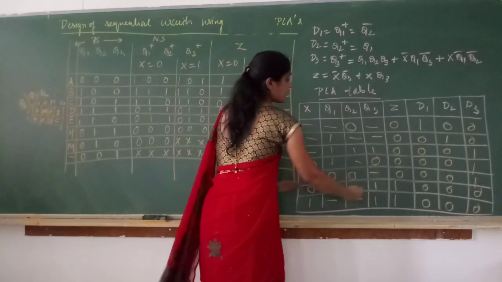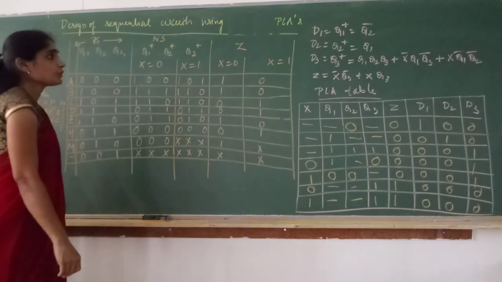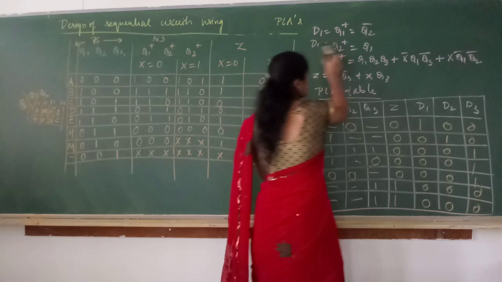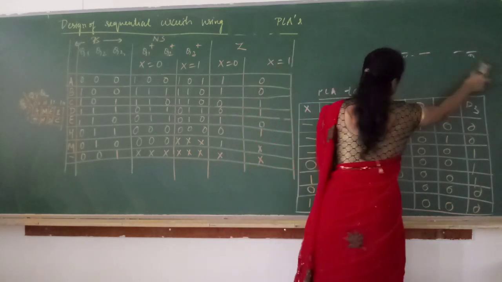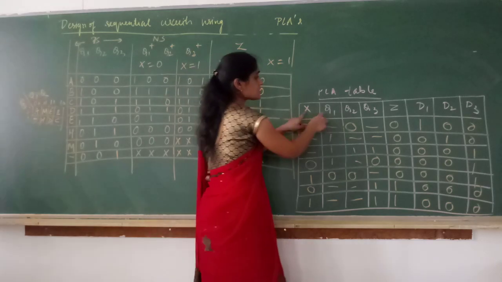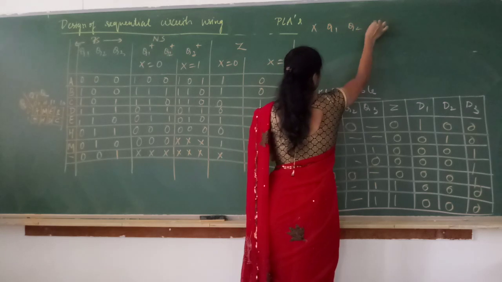Now this is your AND array and this is going to be your OR array. And the circuit, hope you are familiar with the circuit, hope you can write the circuit. I'll just show you. You have already written this PLA circuit in your module 2. So we have X, Q1, Q2, Q3.